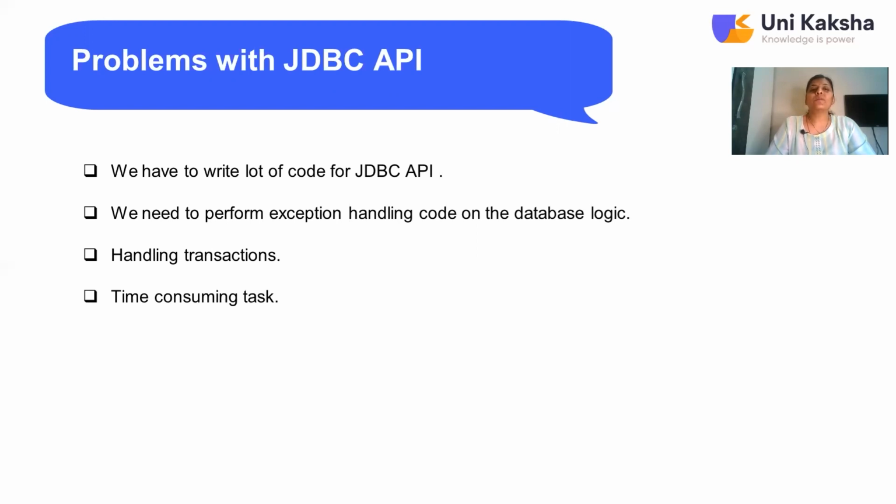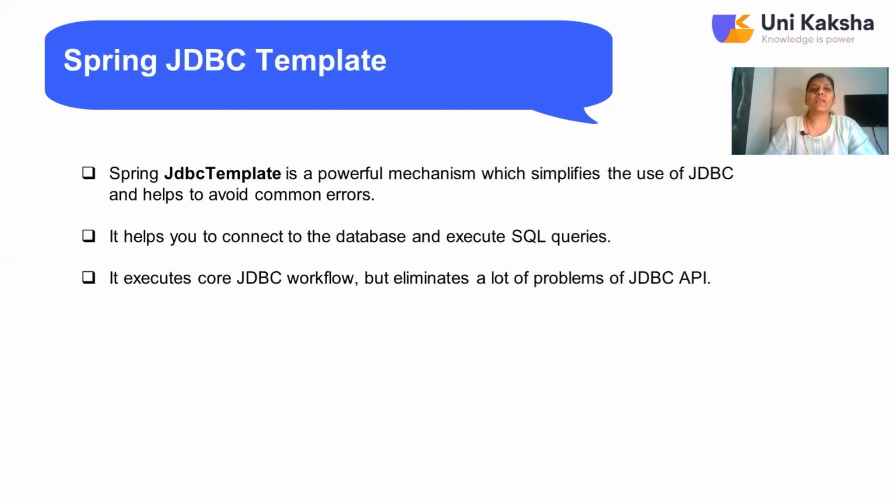Then whenever you are trying to connect with the databases and loading the entire applications, its speed is getting affected because of the bulky applications, or because of the heavy applications. So all these are the problems with Jdbc API, and these problems can be overcome by using the solution that is considered as a Spring Jdbc template.